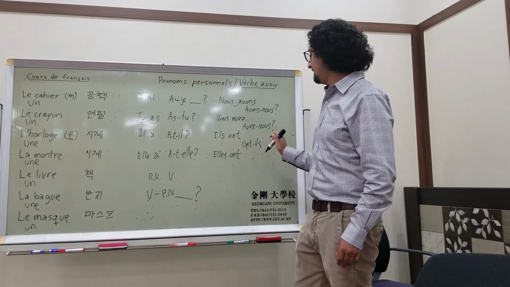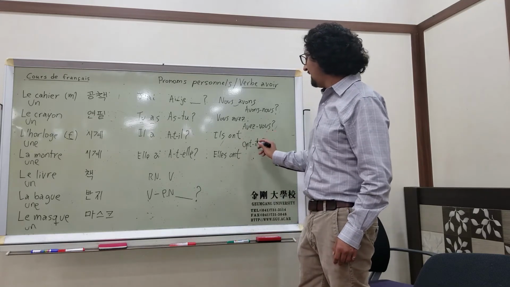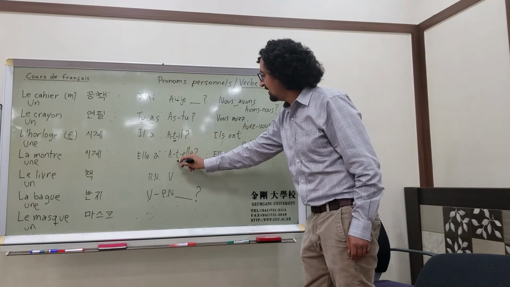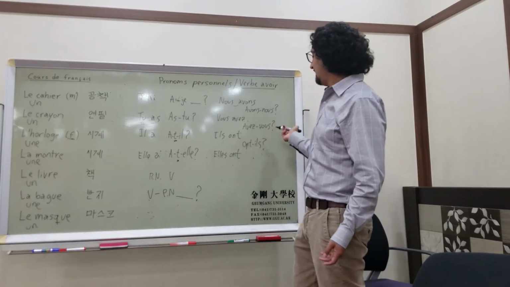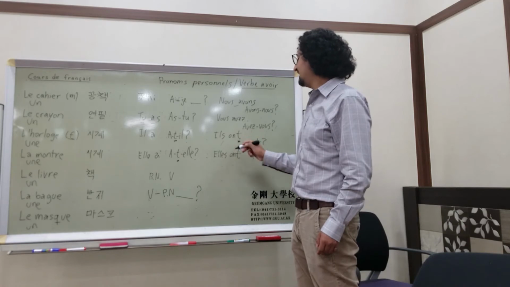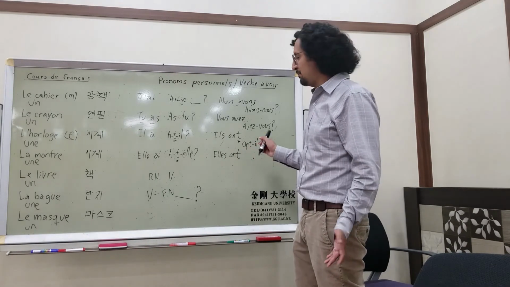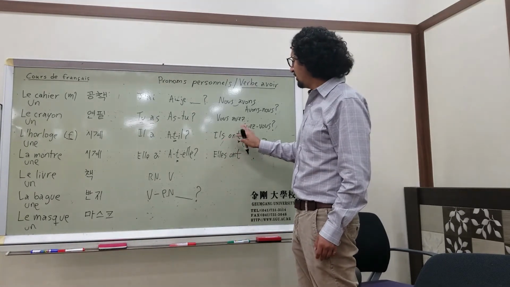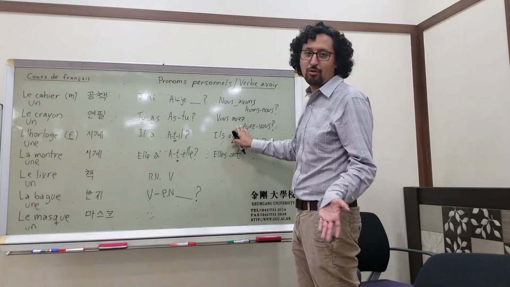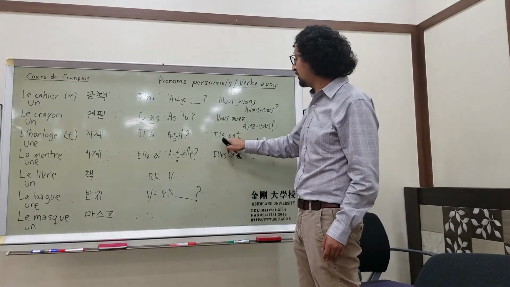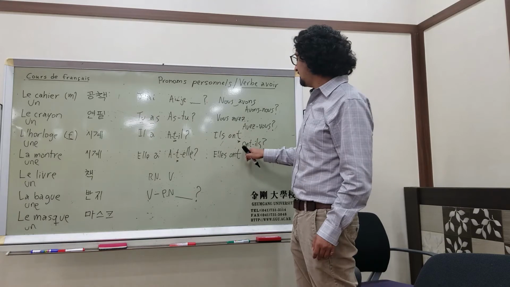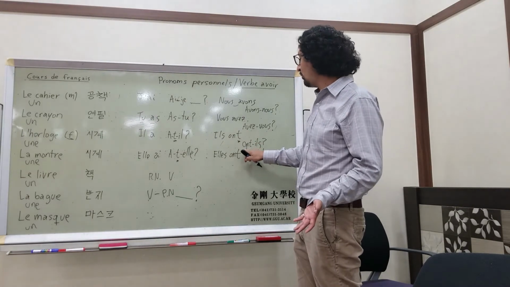So here is something interesting. Why here we add T and here we don't add T? Well, the reason is here there is already a T that is somewhat silent. Because when you say ils ont, you don't really hear the T. You say ils ont. You do hear the S though from the connection. So here the T appears a bit. Ont-ils.